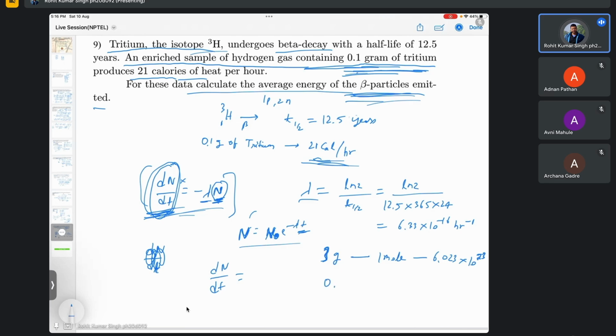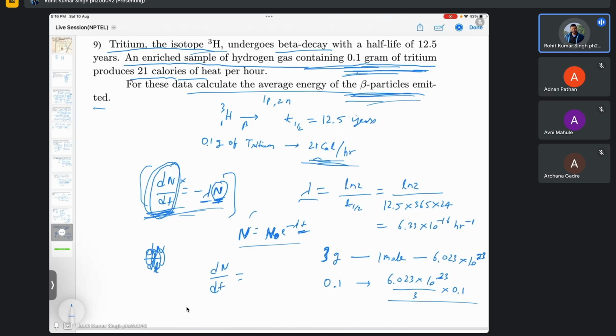So 0.1 gram will contain 6.023 into 10 to the power 23 by 3 into 0.1 tritium atoms, right?